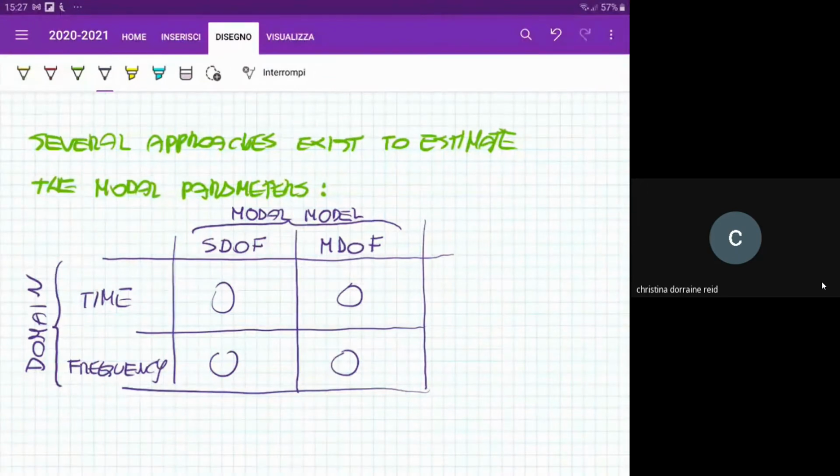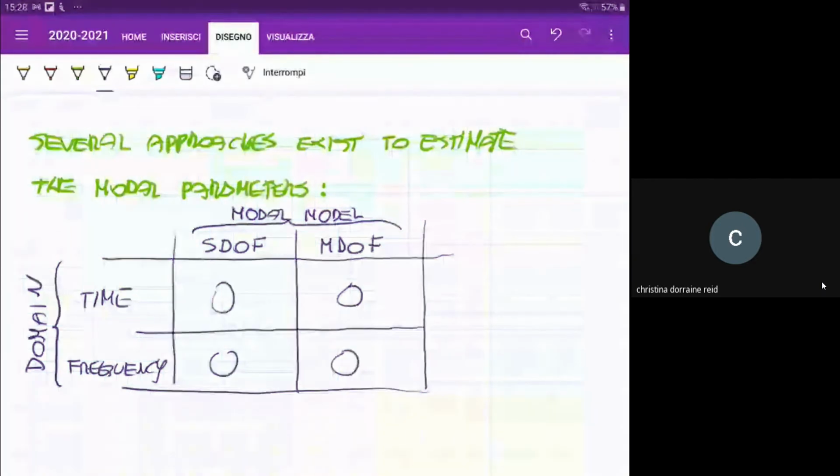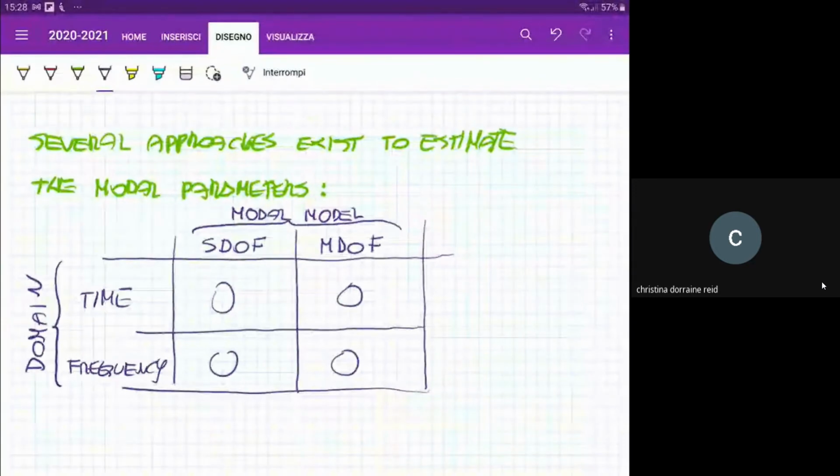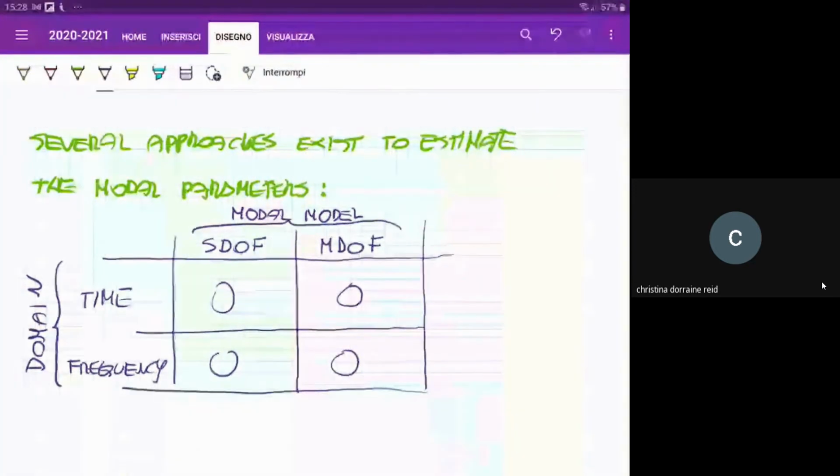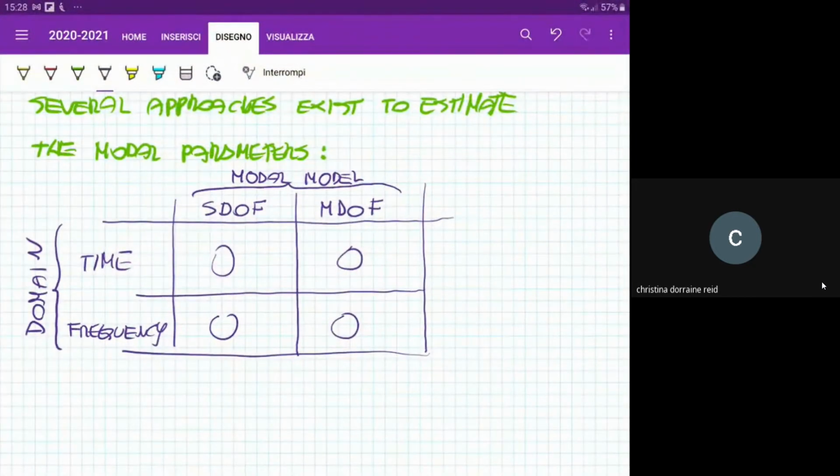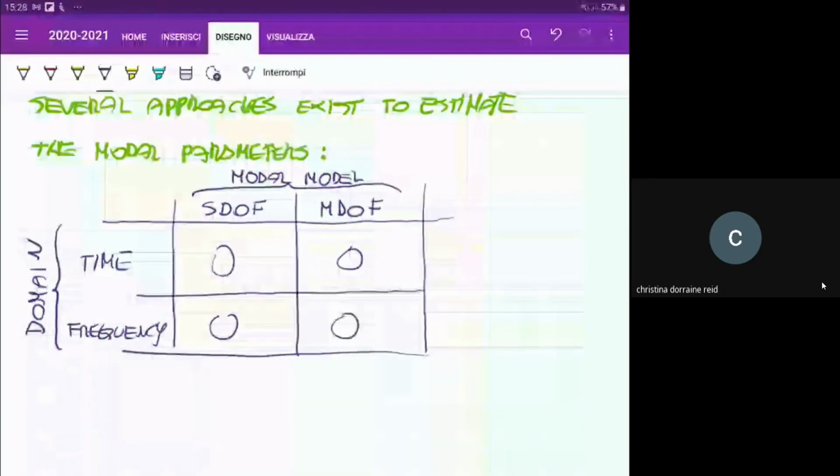Okay, so let's start with one of the first approaches that we had in literature, and this approach is a single degree of freedom model and is based on the frequency domain representation of your system response function.